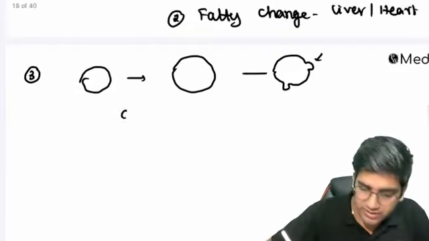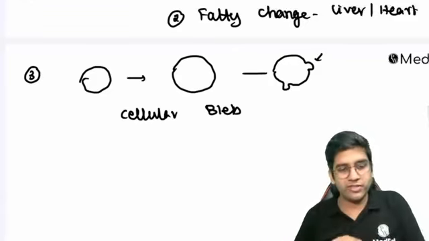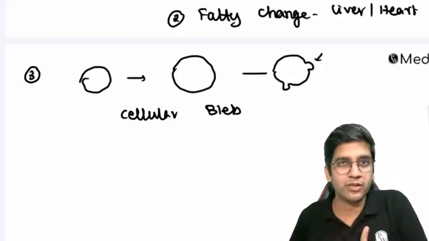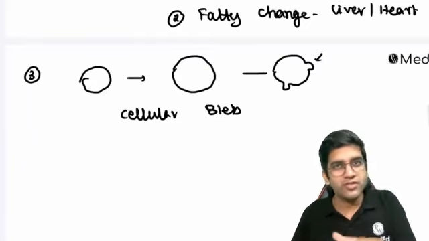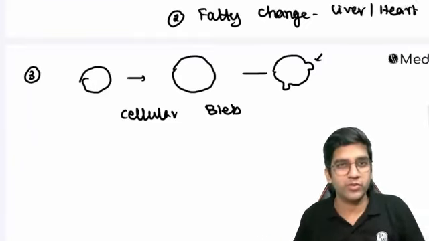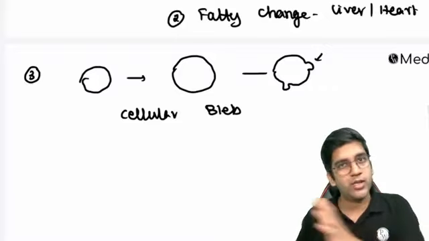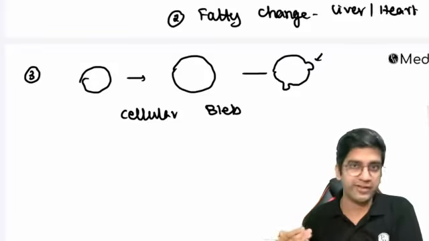This causes cellular bleb formation. It's a controversial statement whether I see a cellular bleb only in light microscopy or only in electron microscopy, not sure. Robbins talks about it uniformly in both ways, right? But I can see cell bleb formation if I'm lucky in light microscopy also, but definitely it will be seen in electron microscopy also. When I come to electron microscopy, I will write that as well, right?